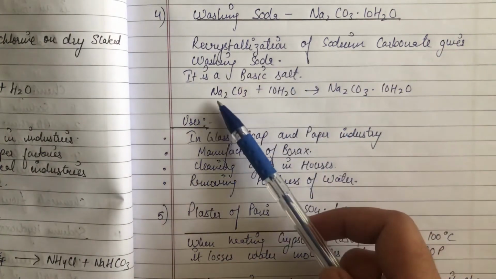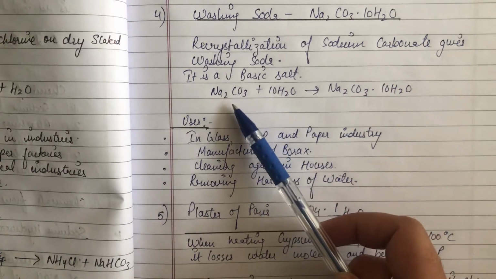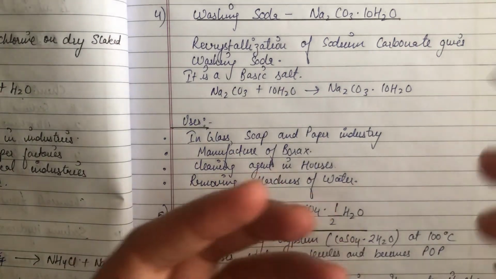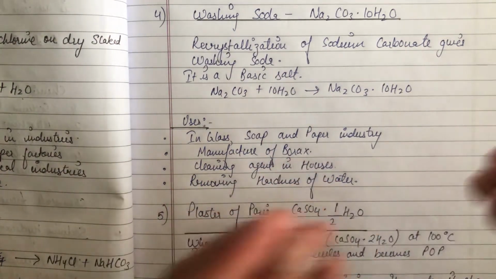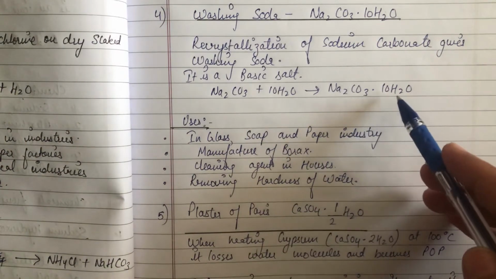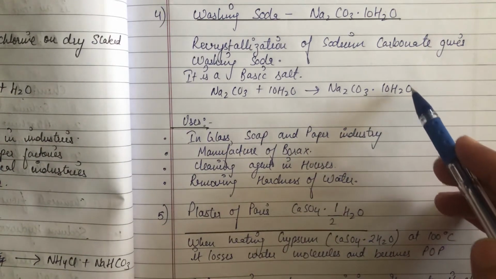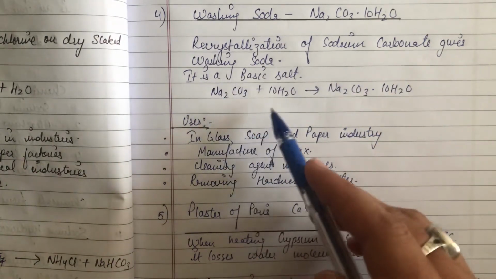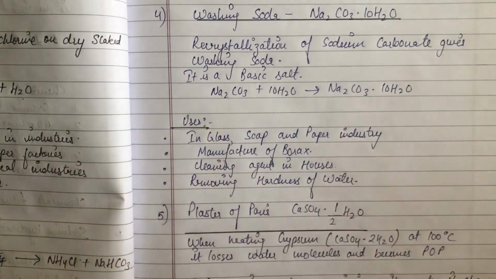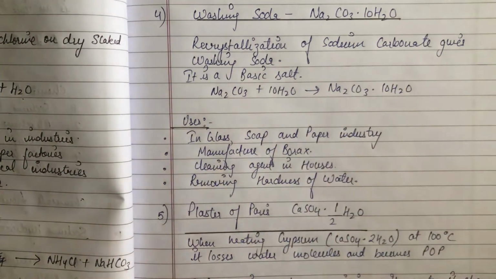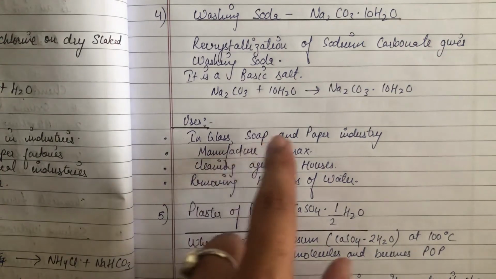When Na2CO3 combines with 10 molecules of water, it forms Na2CO3.10H2O. So this is washing soda. This is sodium carbonate plus 10H2O, and it is a basic salt.